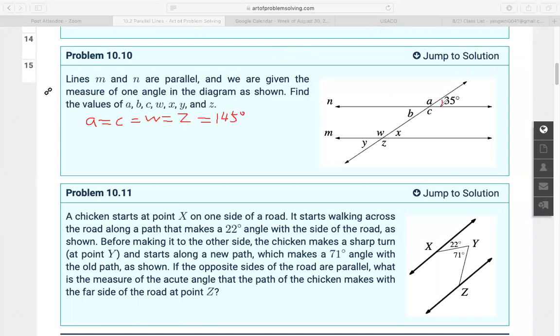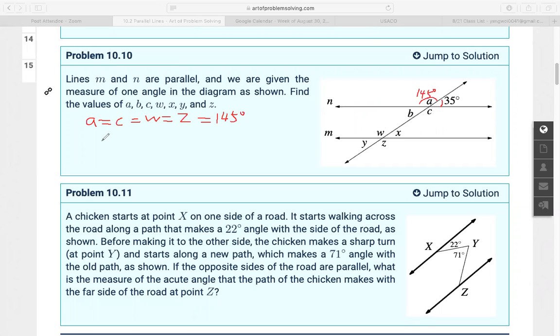Because this angle equals 35 degrees, this one will equal 145 degrees, right?